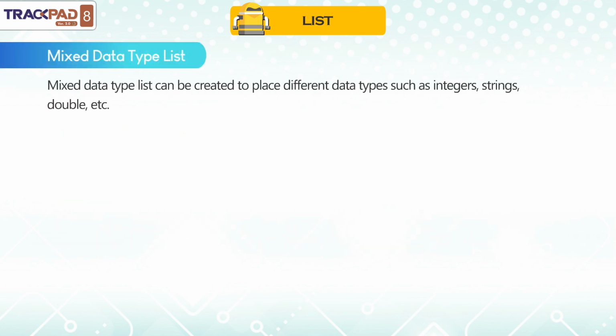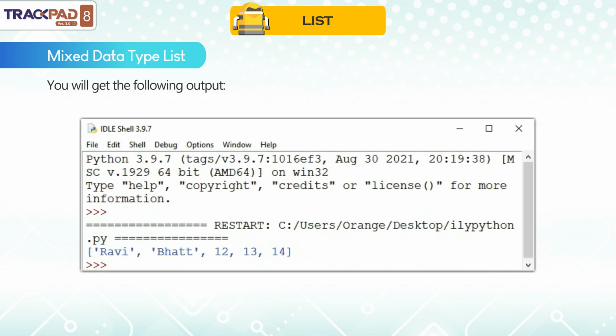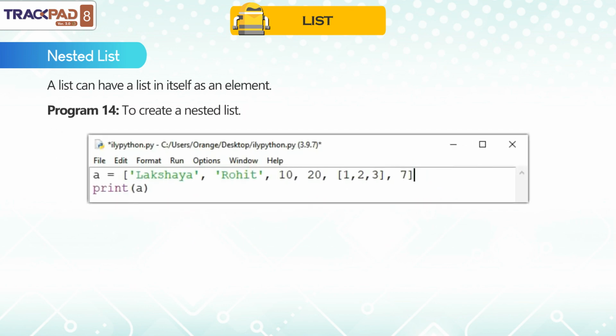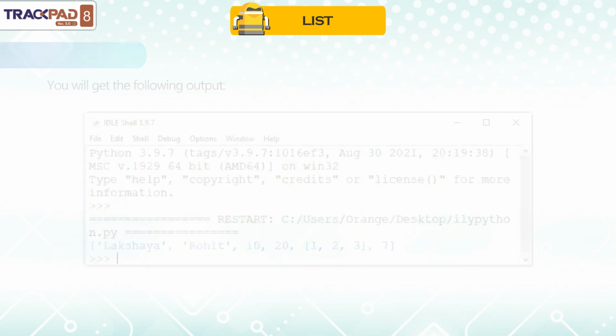A mixed data type list can be created to place different data types such as integers, strings, double, etc. Program 13 to create a mixed data type list. You will get the following output. Nested list. A list can have a list in itself as an element. Program 14 to create a nested list. You will get the following output.